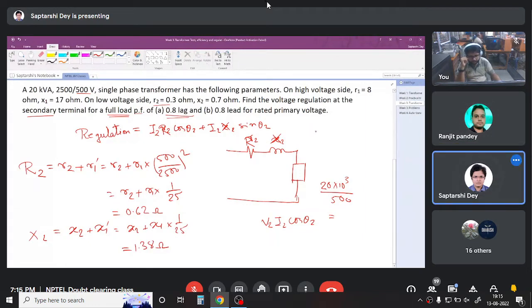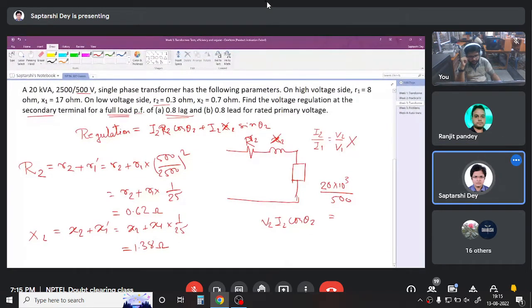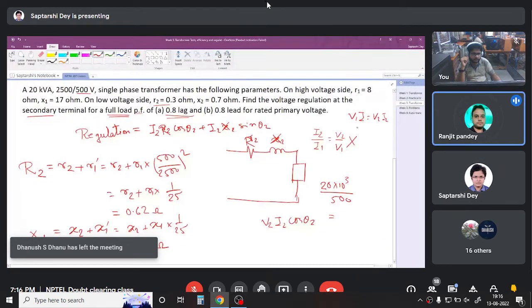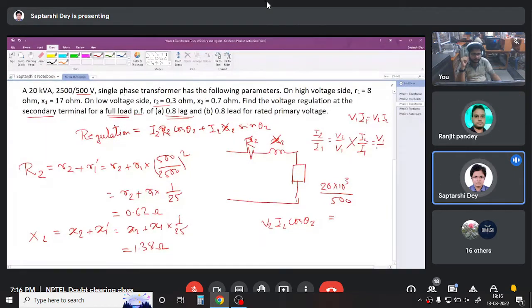I2 divided by I1 equal to V2 divided by V1. No, that is not correct in any transformer. V1 I1 is equal to V2 I2, so I2 by I1 is equal to V1 by V2.